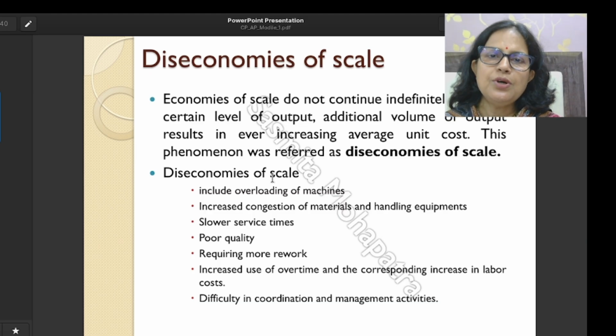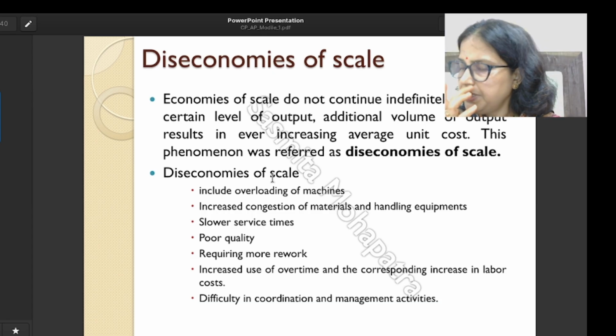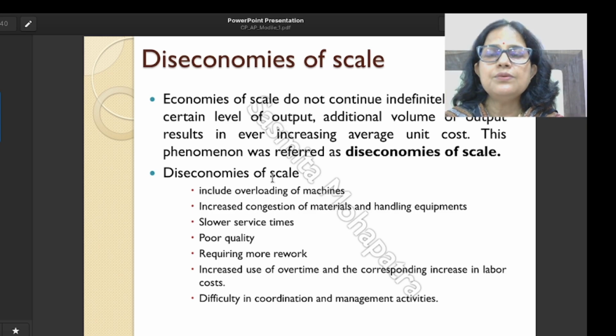Diseconomies of scale, as we all know, is when, above a certain level of output, additional volume of output results in ever increasing average unit cost. It means after a certain point, additional cost is added to the product.